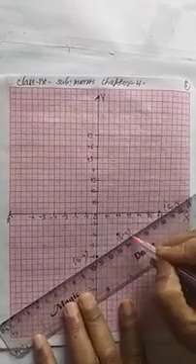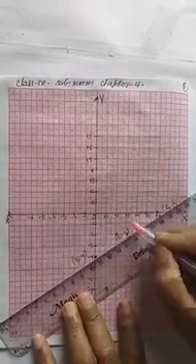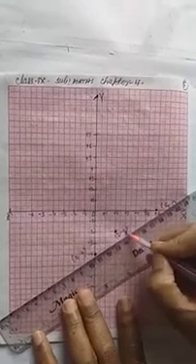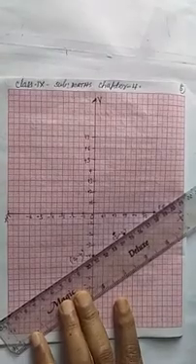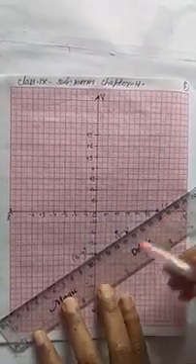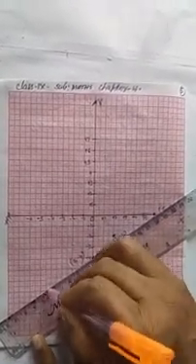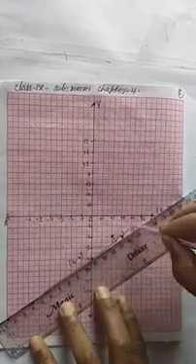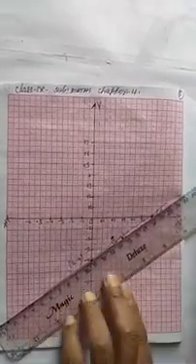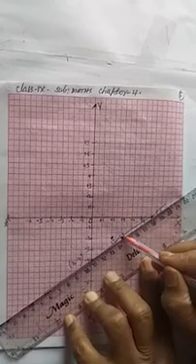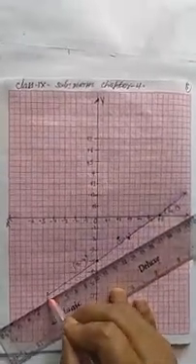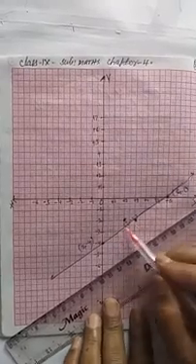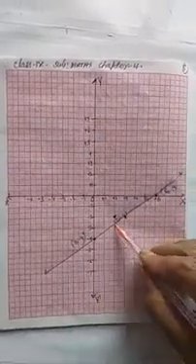Because 3 is here and minus 2, and after joining them, we get a straight line. With the help of a scale we can join. Now after joining, this is a straight line, and this straight line is called the graph.